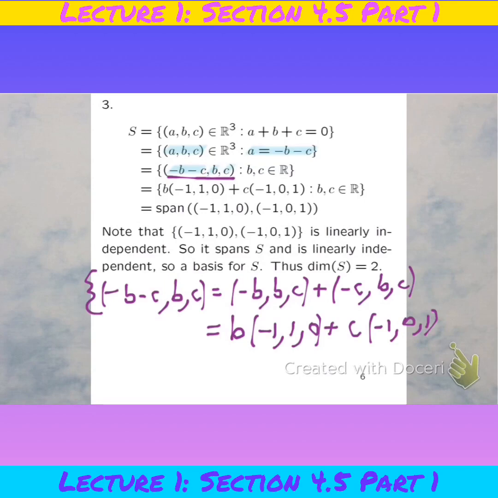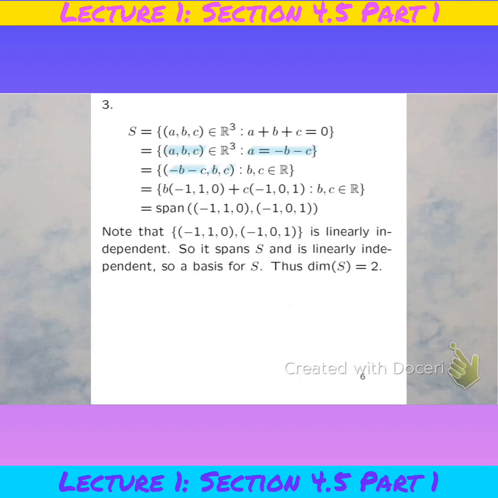Adding those two vectors gives me this vector here. So we get that linear combination. Basically the span of these two vectors, which is all the linear combinations of those two vectors, is equal to S. That gives us a clue as to what the basis must look like.